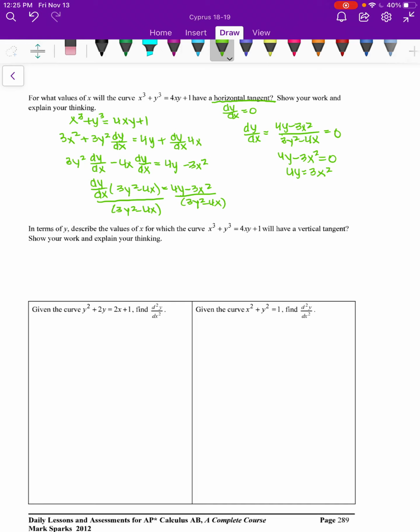We're good up to this point so far. Let's solve for y. y equals 3/4 x squared. Okay, I was one step ahead. We're going to use this as y, and we're going to plug it into our equation.